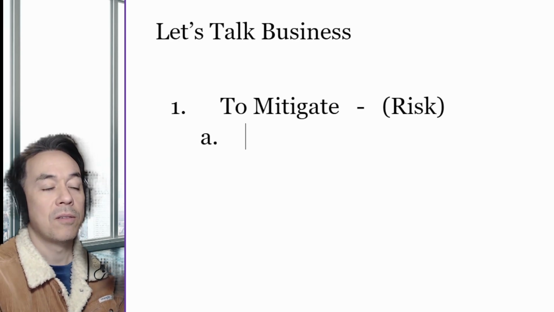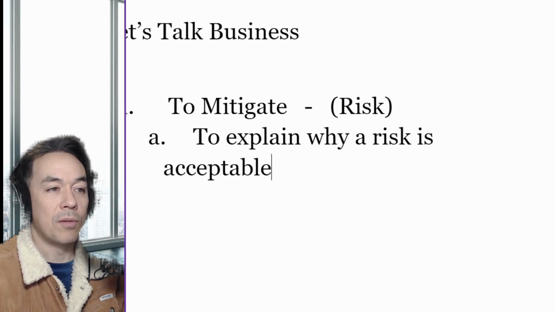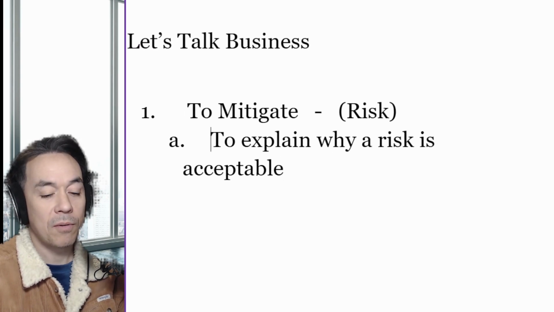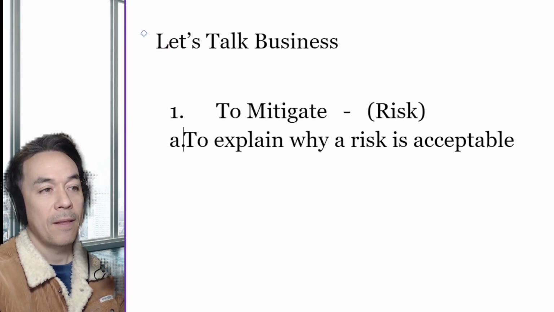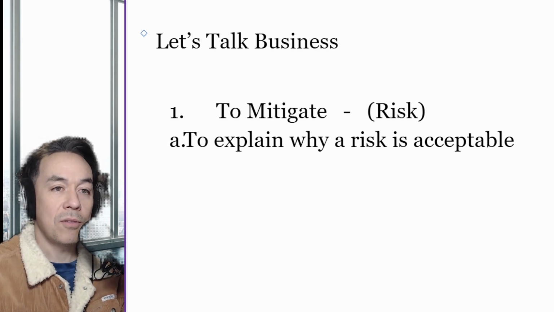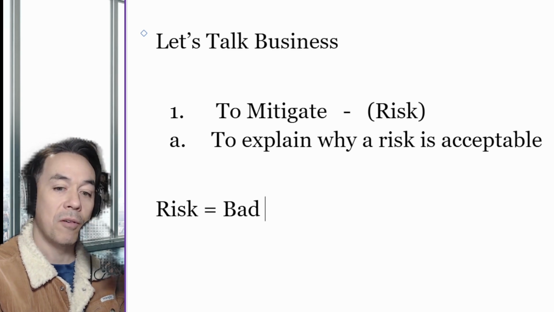So I would say it means to explain why a risk is acceptable. I would say that's my improvised explanation, right? So you want to communicate, because usually, risk is bad. You don't want that risk.